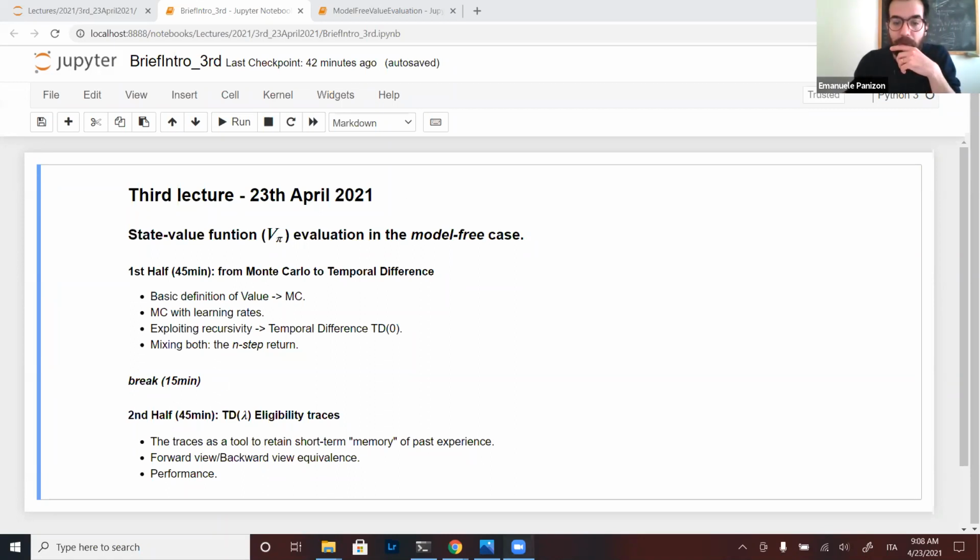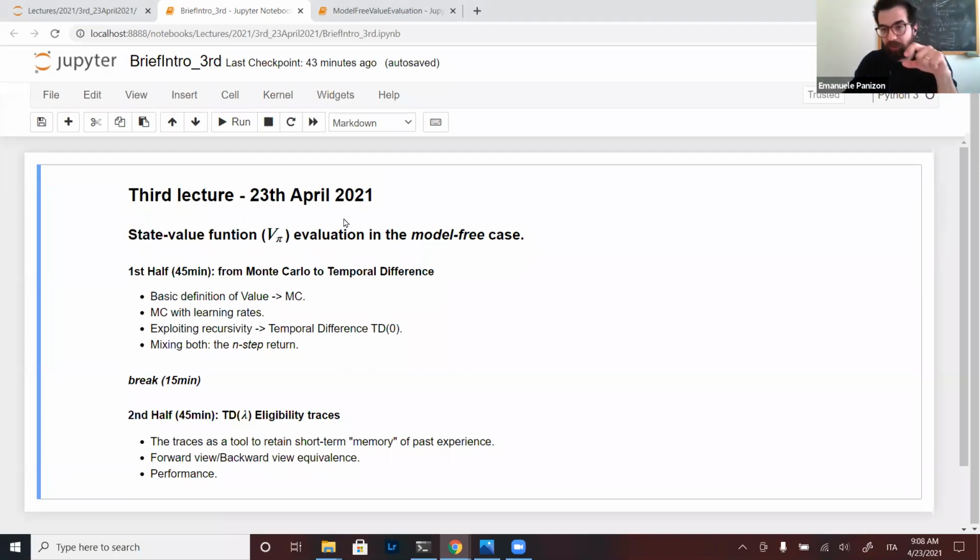Okay, so as you've seen, I decided to share a notebook, which is an incomplete notebook, so you can follow on your own.